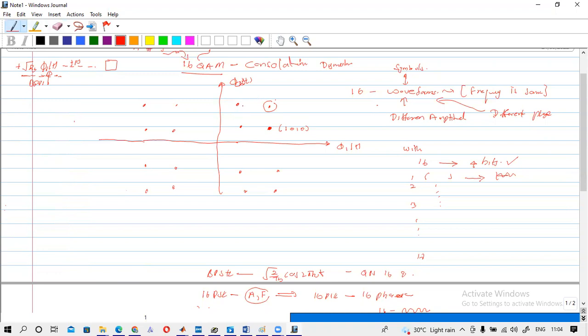You can see that these are somewhat symmetrical. These symbols and these symbols are at the same distance, this symbol and this symbol are at the same distance, and this one is also at the same distance. So this looks somewhat symmetrical.